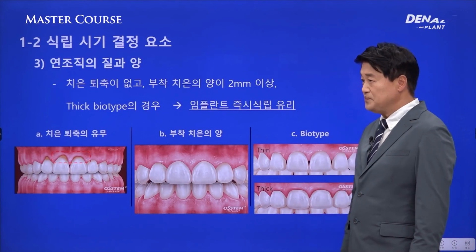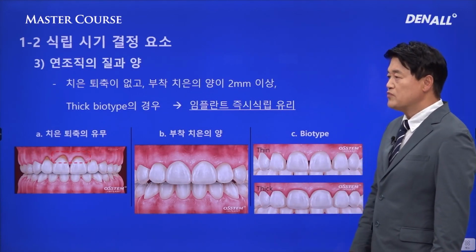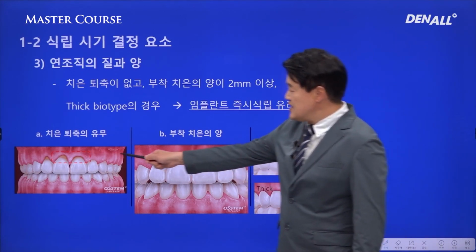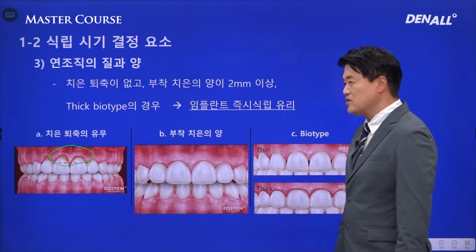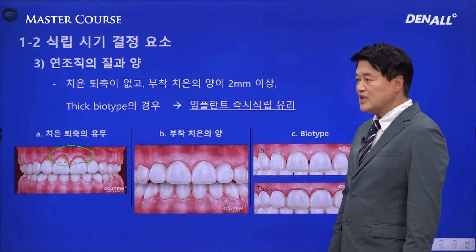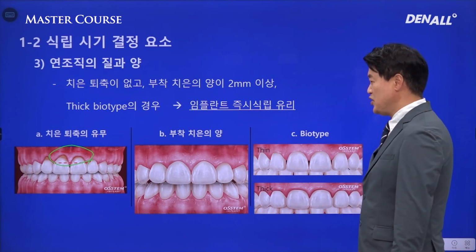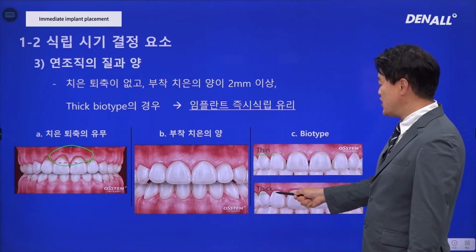Third is the amount of soft tissue and the quality of it. If there's no soft tissue atrophy and if there's over 2 millimeter of keratinized tissue, it'll be good, but if such criteria cannot be met, delayed implant placement should be considered more so than thin biotype.